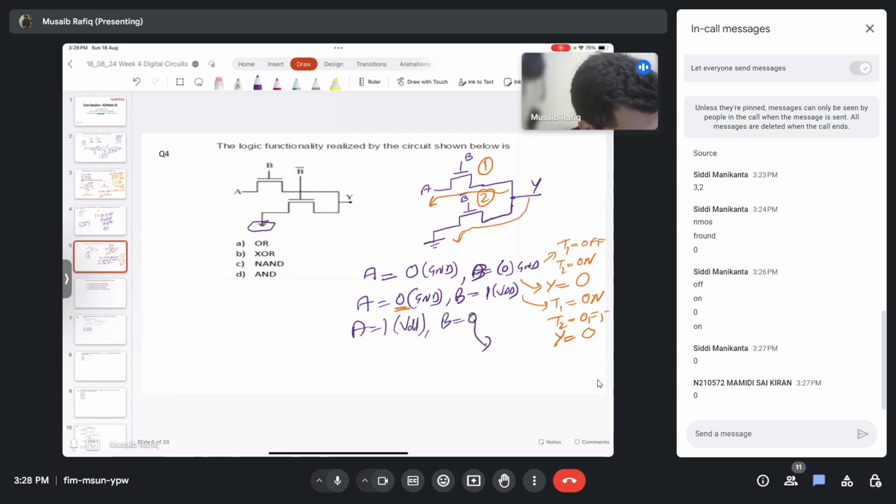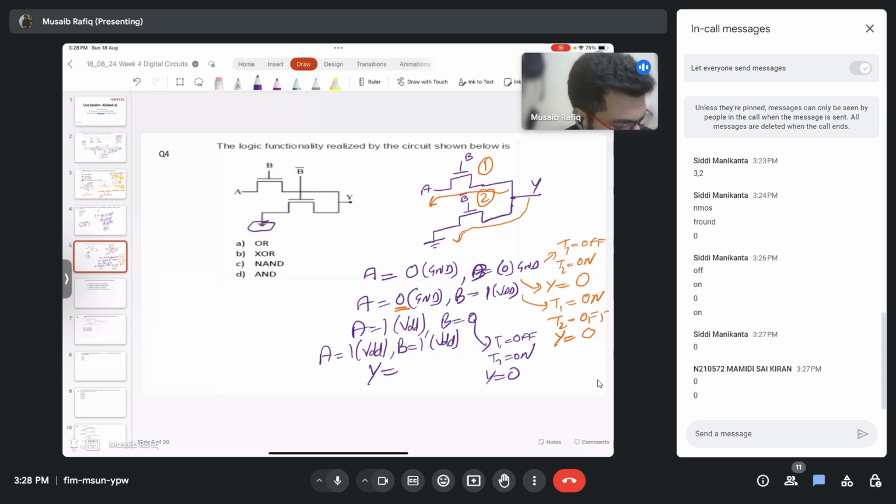Similarly, we have another case, A equal to 1, that is VDD, and B equal to 0. For that, T1 is off, T2 is on, and as a result, my Y is 0. And the final case will be A equal to 1, that is VDD, and B equal to 1, that is VDD. Before going to Y, is T1 on or off?